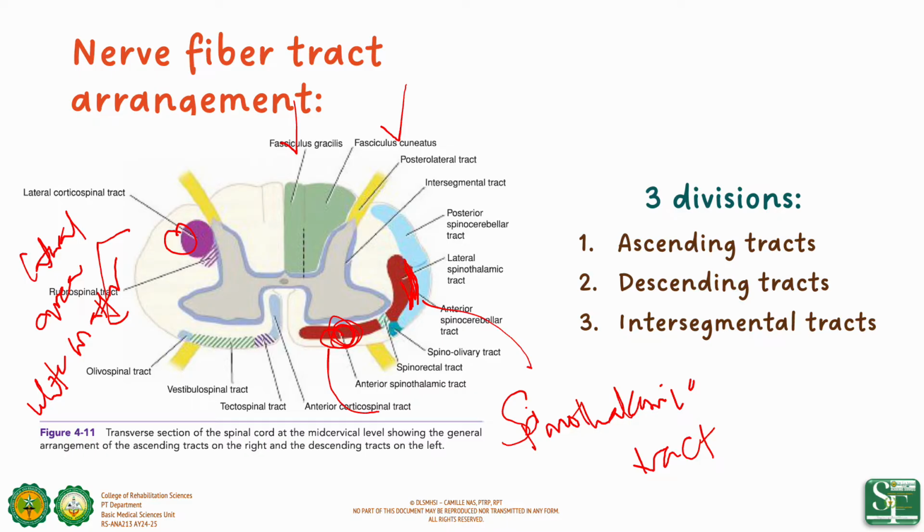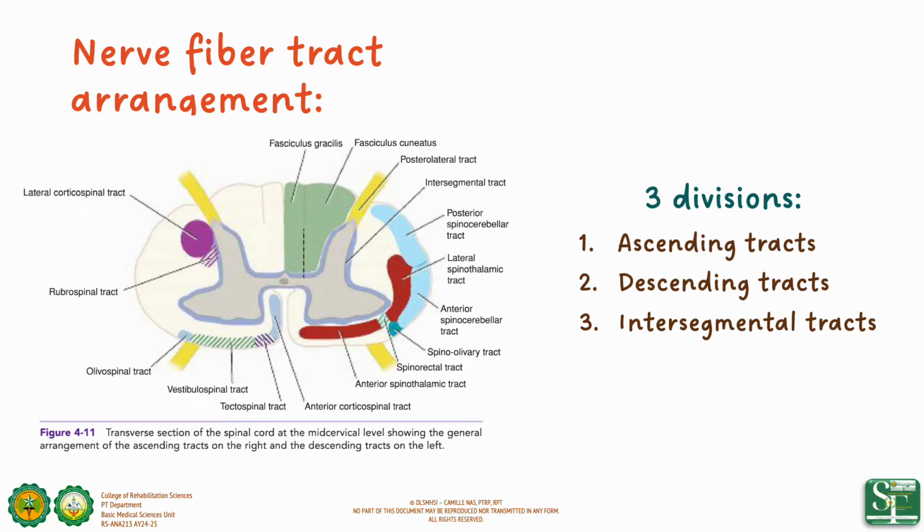So, three divisions, no? The three divisions are the ascending, descending, and intersegmental tract. Under ni ascending meaning afferent for sensory function, these are your spinothalamic tract. Itong lahat ng magsa-start sa spinal cord, spinoreticular, spinotectal, spinoolivary, spinocerebellar, those are all ascending tracts.